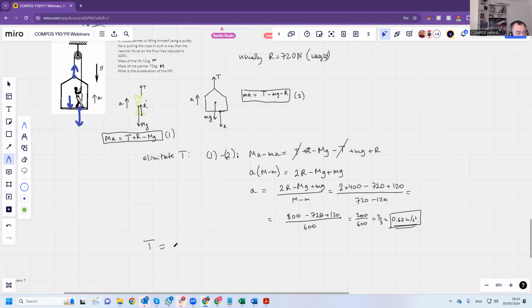Tension is going to be ma plus mg plus R. So 12 times 2/3 plus 120 plus 400, which is 12 divided by 3, that's 4, 8.